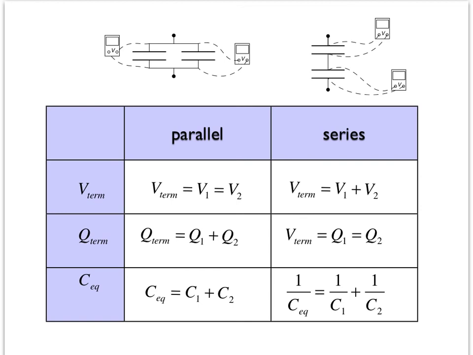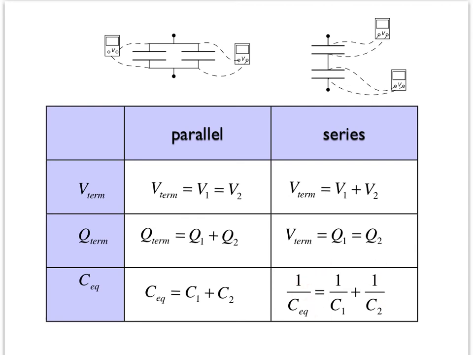And then we do a bunch of algebra, and we say that the equivalent capacitance of capacitors in parallel is just the sum of the individual capacitances, and the reciprocal of the equivalent capacitance in series is the sum of the reciprocals of the individual capacitances in the combination.